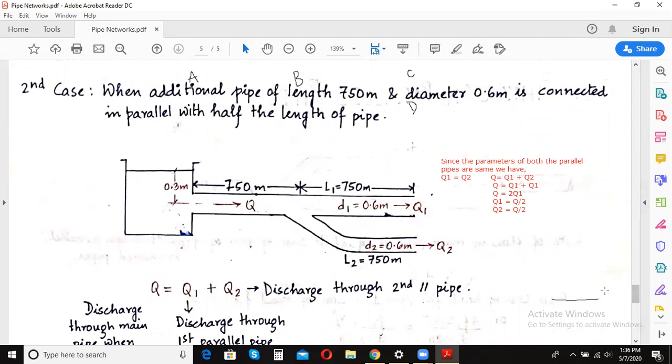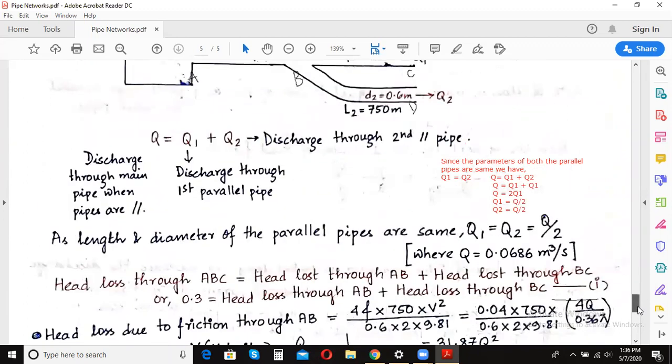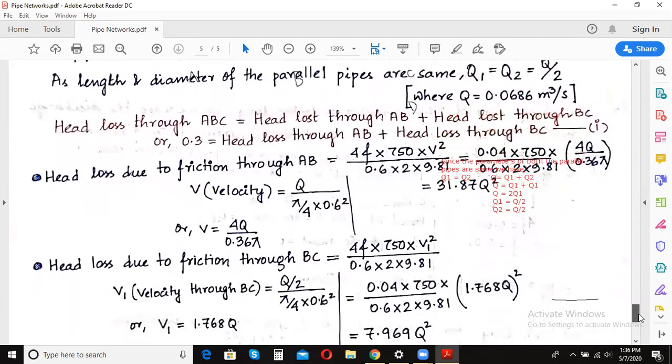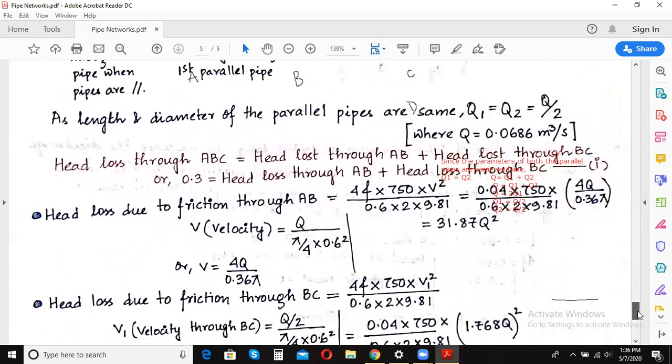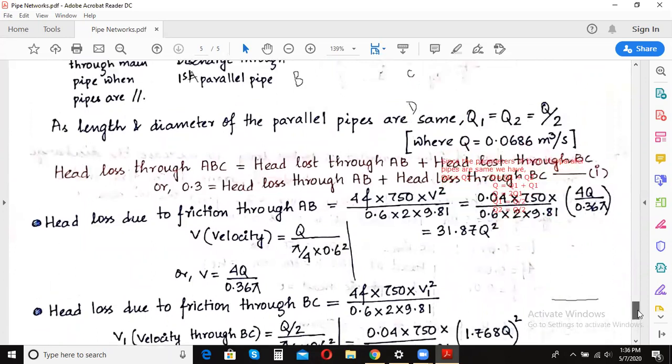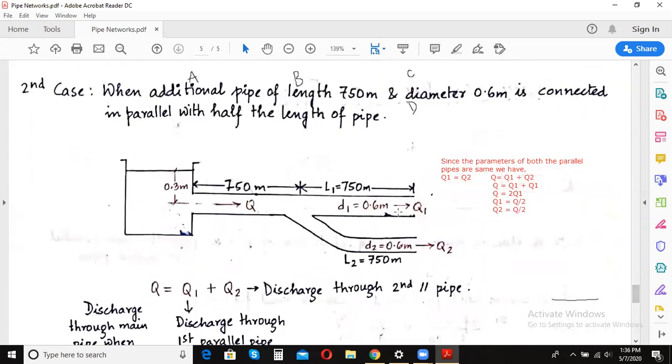So how do we calculate the velocity of flow through this pipe? We know that Q1 is equal to area into velocity. Sorry, not for this pipe. For this initial pipe, how do we calculate the velocity? Let me write it down.